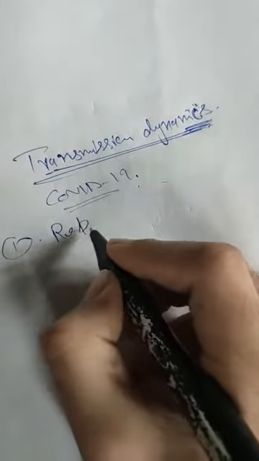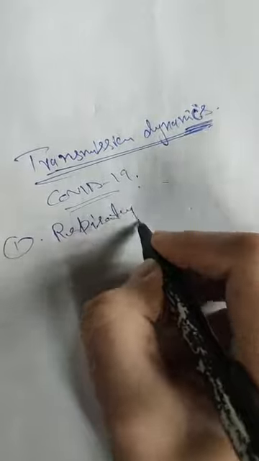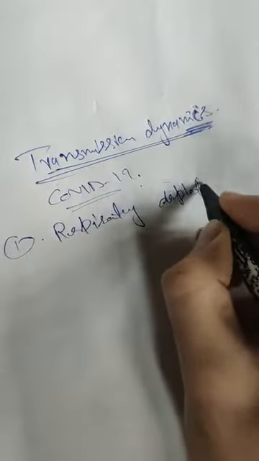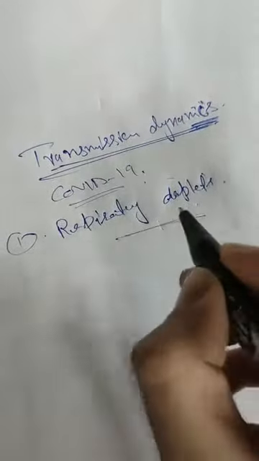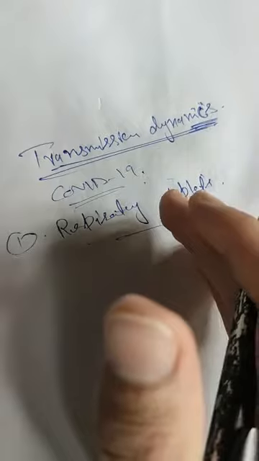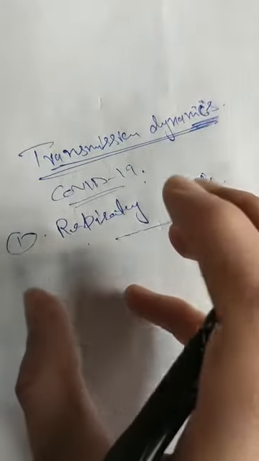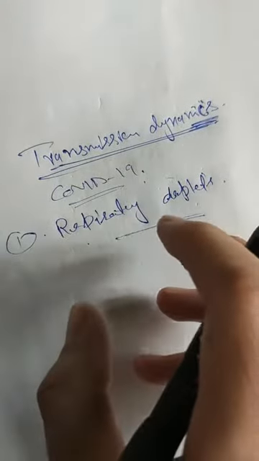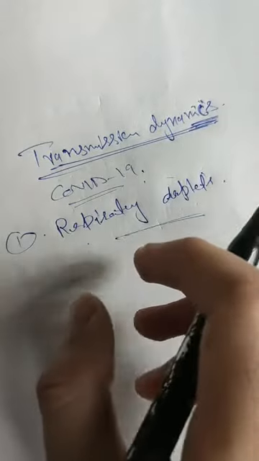So, first of all, we all know that this gets transmitted through respiratory droplets. Now, there are types of respiratory droplets. Which respiratory droplets are mainly involved in the transmission of COVID-19?